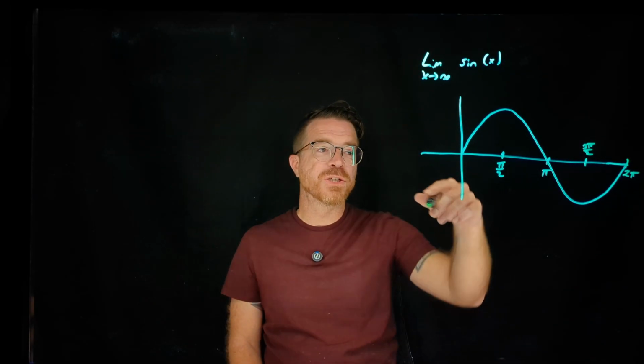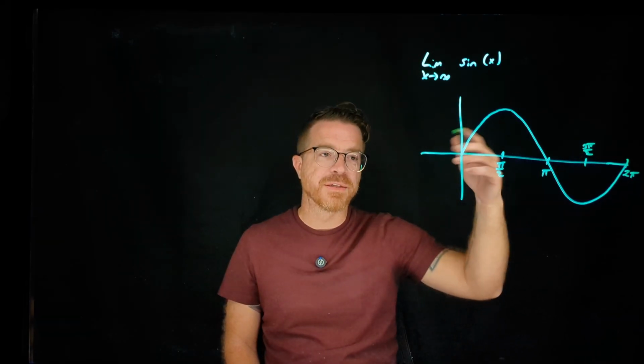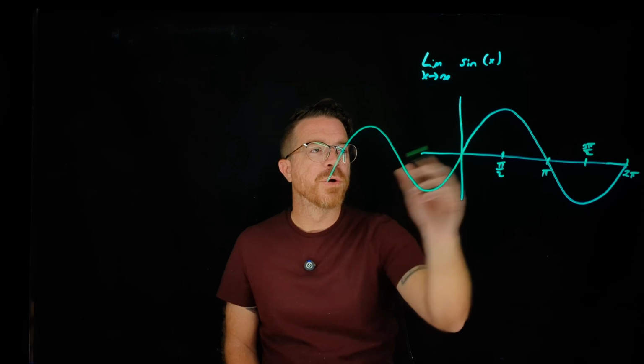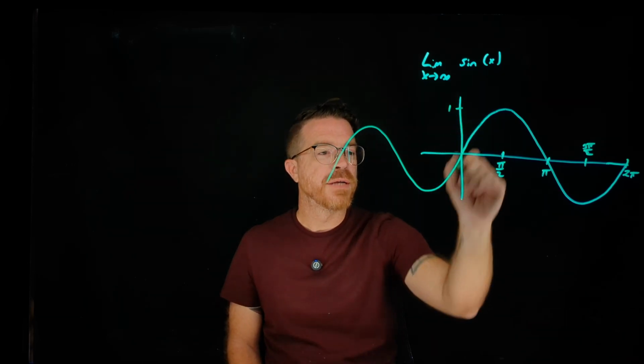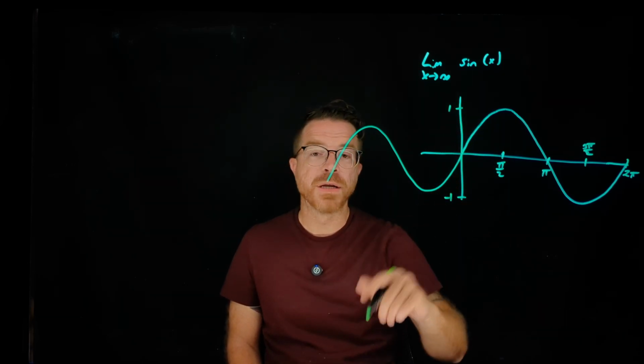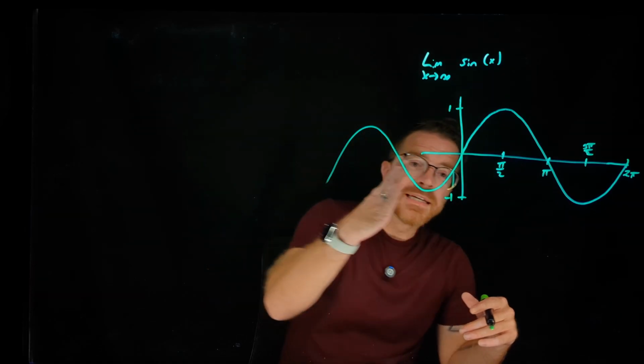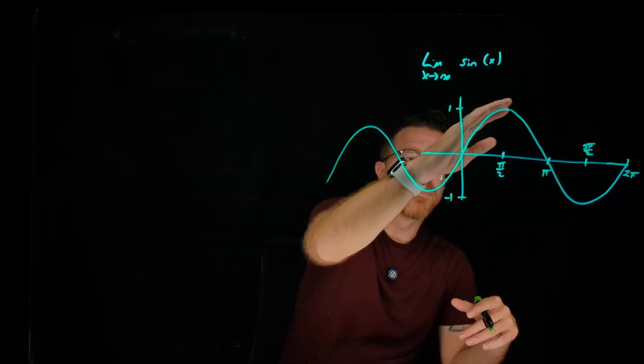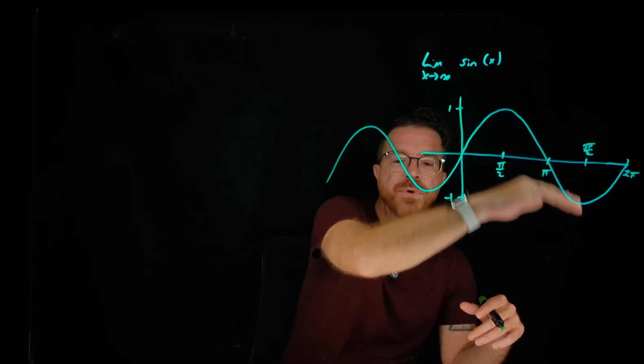And then what's going to happen is it's going to repeat this over and over and over again, in both directions. So it's going to be going from -1 to +1, repeating. Meaning that as I go to the right towards infinity, I'm just going to keep cycling between +1, -1, +1, -1.